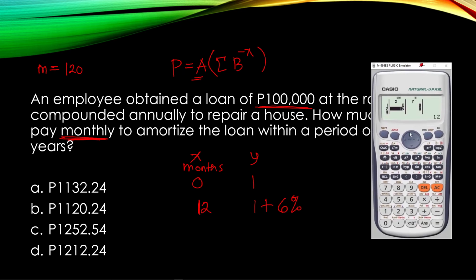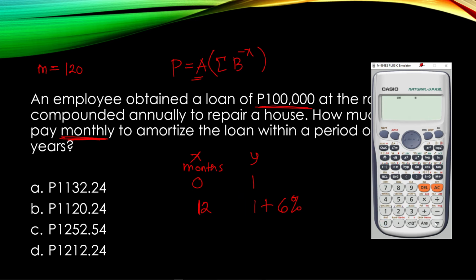Okay, so 12 tapos we have 1 plus 6%, and then we have the summation of shift 152 B raised to the power of negative X from 1 to 120.